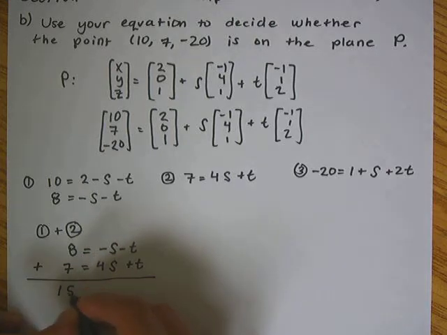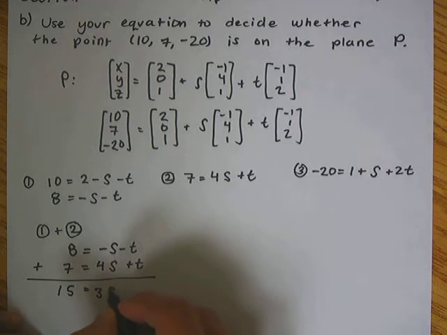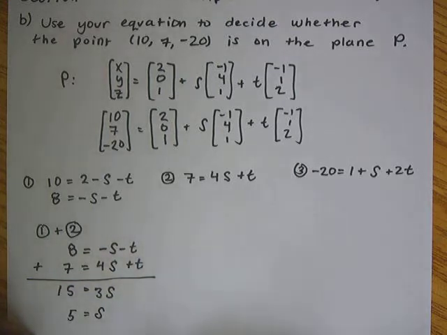So here the t's cancel out, and we end up with 15 equals 3s, or in other words, 5 equals s.